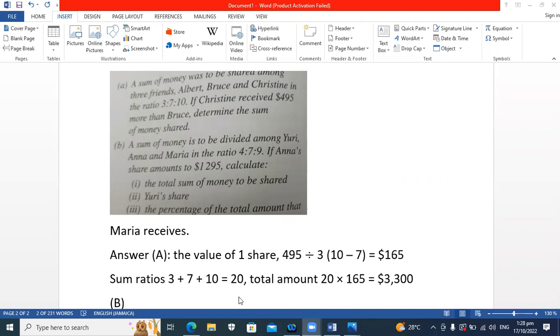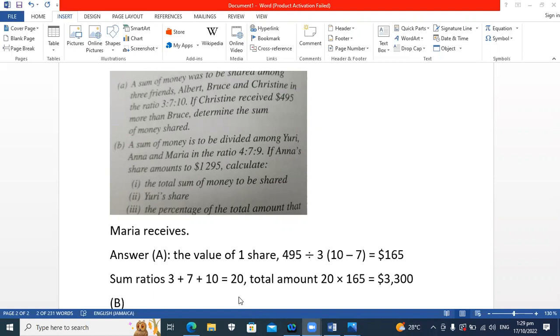To find the total sum of money to be paid, would you add all the ratios and times it by the shares? Part A or part B you're talking about? B. To find the total amount of money to be shared.